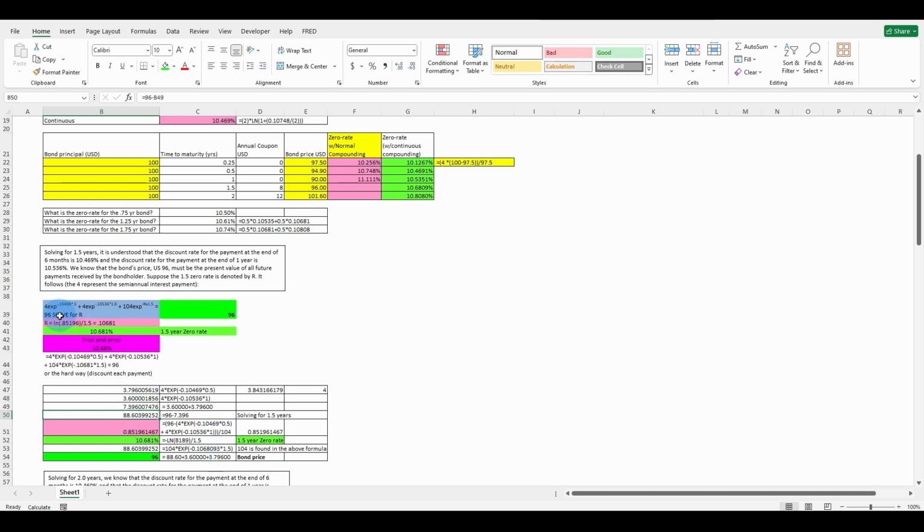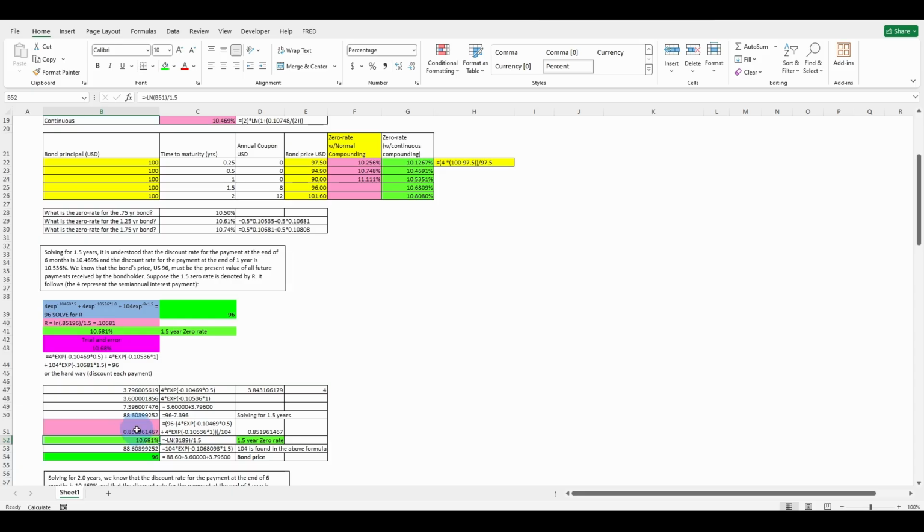And then we have 88603. It's going to be a log normal of 96 minus B49. So we have this 88. This is solving for the 1.5 year. The 88 is 96 minus the summation here. Then this 85 is B50, 886 divided by 104. That would be the 4%. That would be the beginning 6-month number. Then we have the 1.5 year zero rate would be log normal B51, 8519.